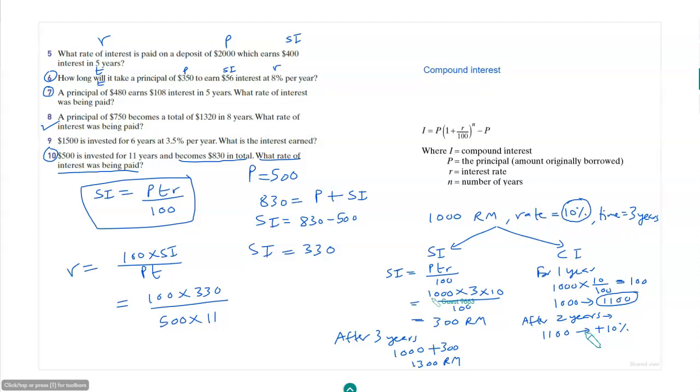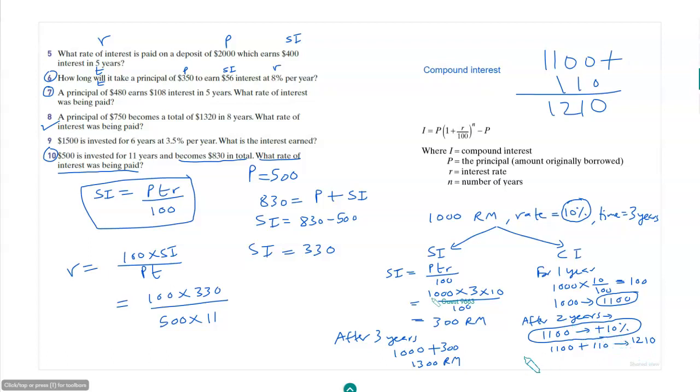You have to calculate 10% of 1100, which is 110, and then add it to 1100. So 1100 plus 110 is 1210, right? So this is how much you are left with after 2 years.